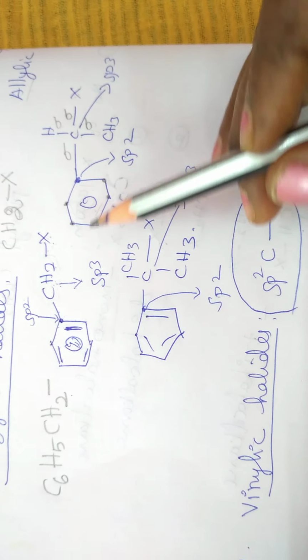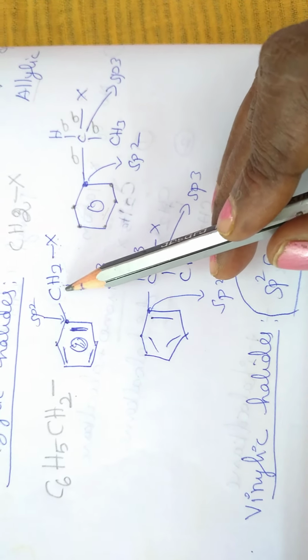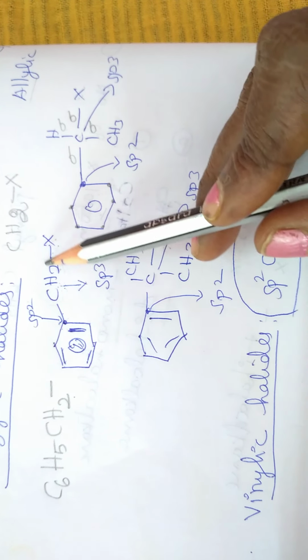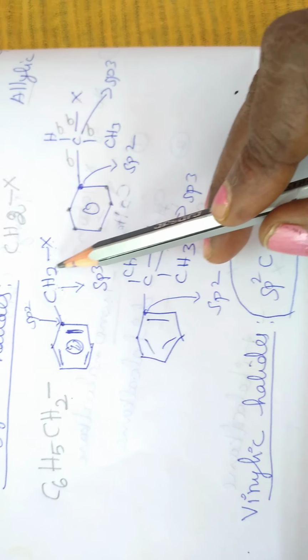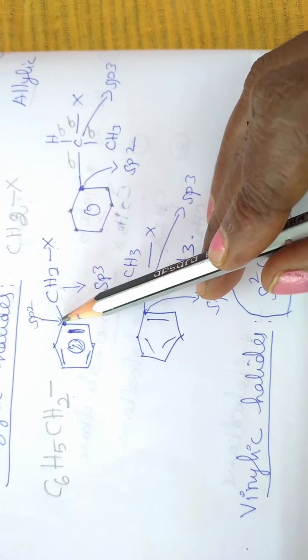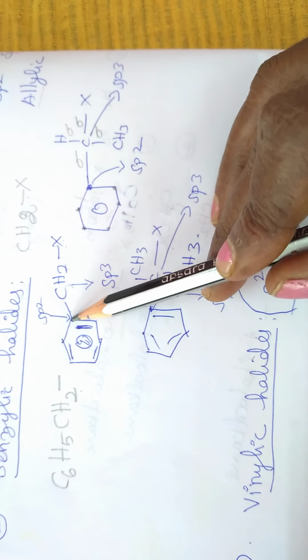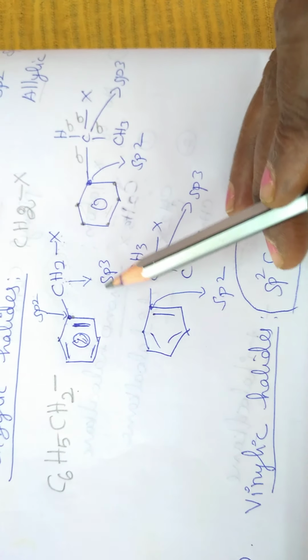Primary, secondary and tertiary: you see this halogen attached with carbon, where the functional group is attached to the next carbon. You should see that carbon attached with how many carbons. This is the functional group carbon; it is attached with how many carbons directly? Only one carbon.